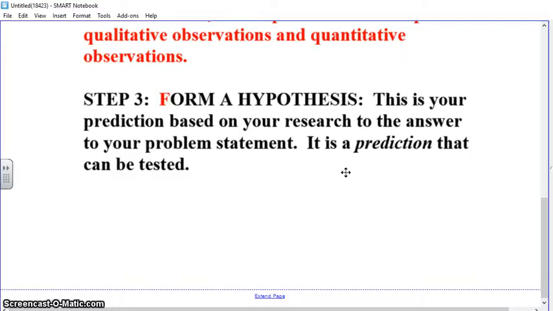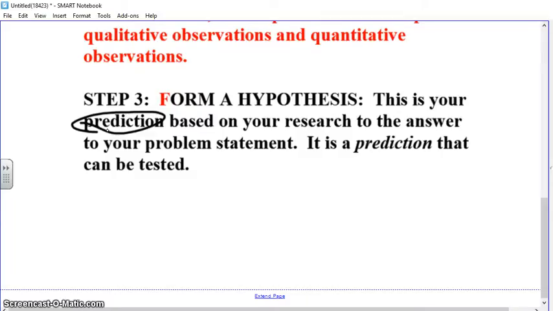Okay, so form a hypothesis. This is the prediction, what you think is going to happen, based on your research. So now you came up with a problem, and you researched the problem, something that you were really wanting to know based on your qual and quan. Yes, I have done my research. I'm really good at research.